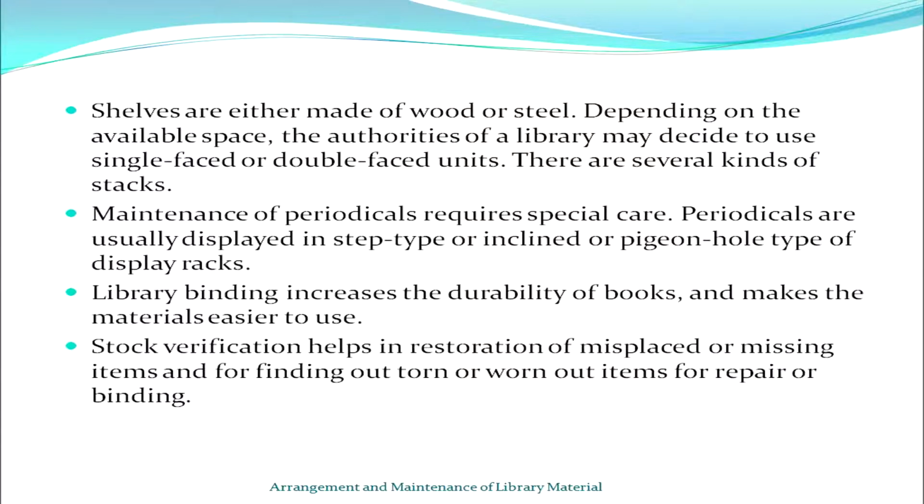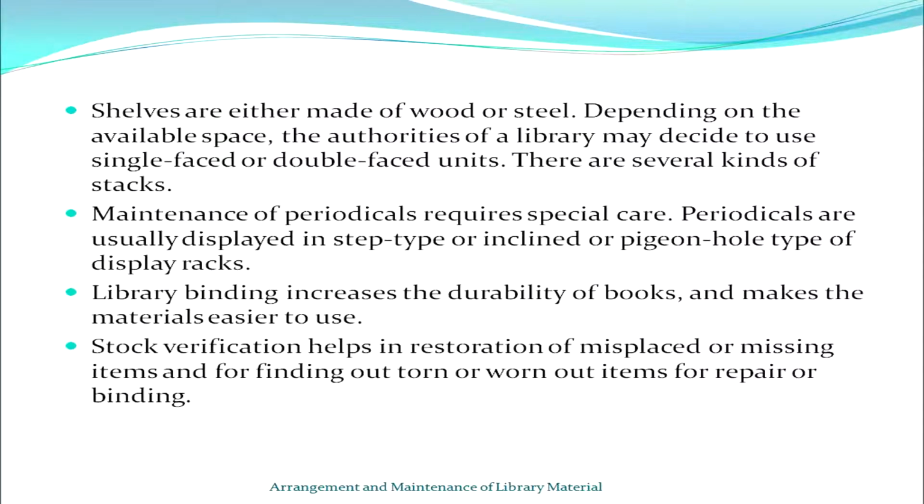We also learned that library binding increases the durability of books and makes the material easy to use. Besides this, binding of the periodicals ensures that all the issues of a volume are found in one place and together.